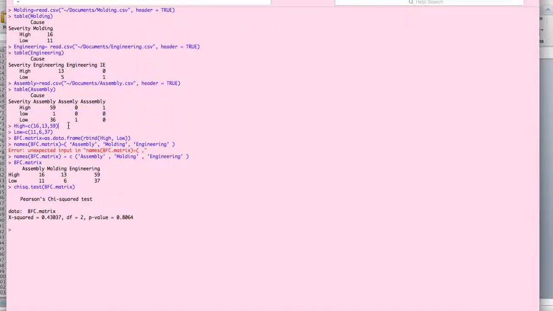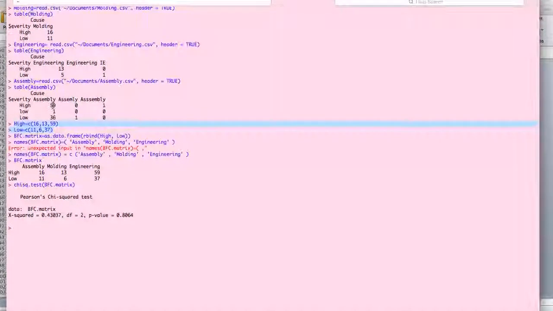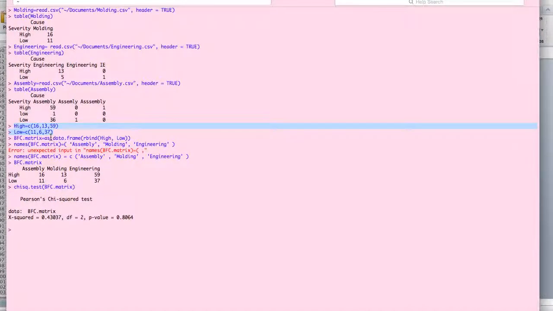There's probably a way to do this through a function in R, but I just typed in the number of high and low in a vector for each of the different kinds, and then using this I was able to create a table of it. I didn't put in the c here originally, so that's why it was giving me this error, but eventually I have a count of how many highs and lows for each of the different kinds.